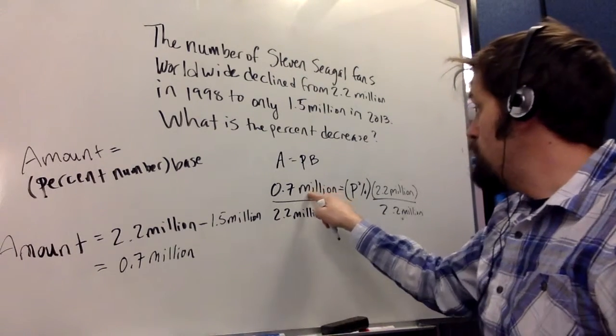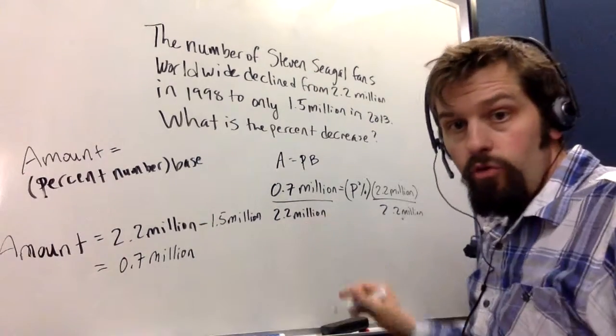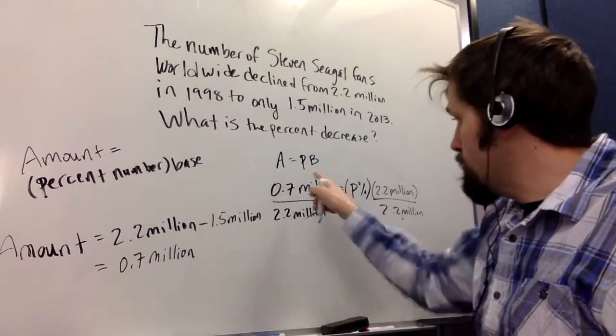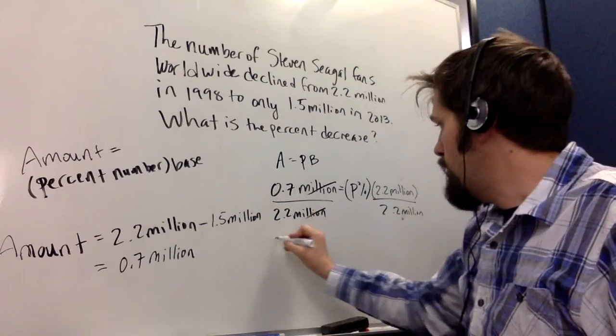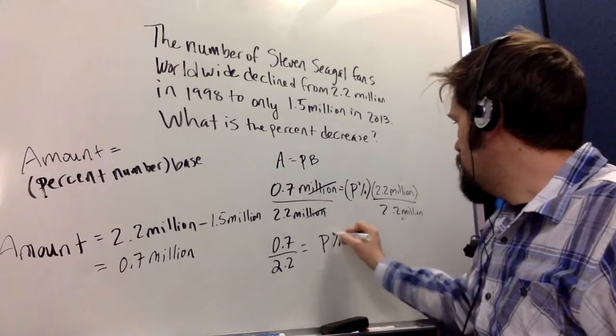And we know that million is multiplying by 10 six times. Same thing here. So that makes a factor of 1. Six factors of 10 divided by six factors of 10 just makes a 1. So we have 0.7 divided by 2.2 equals P percent.